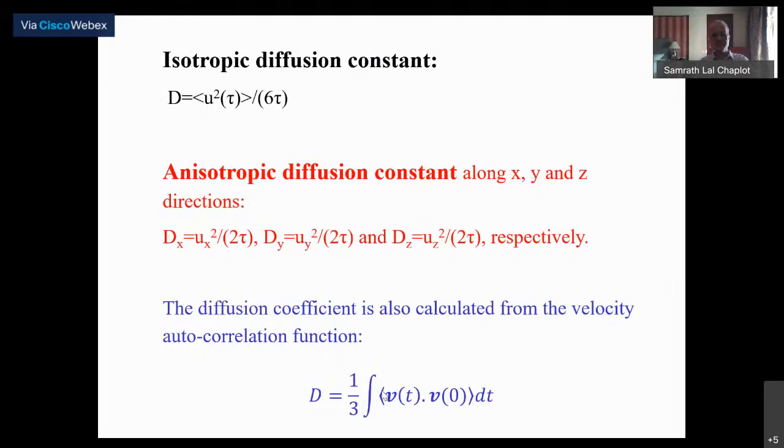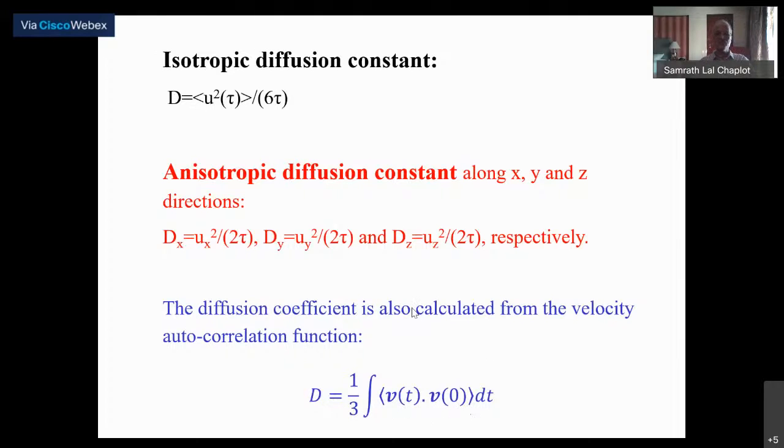The diffusion coefficient is also possible to calculate using the velocity autocorrelation function. It's essentially an integral over the velocity autocorrelation function, which means the average autocorrelation.